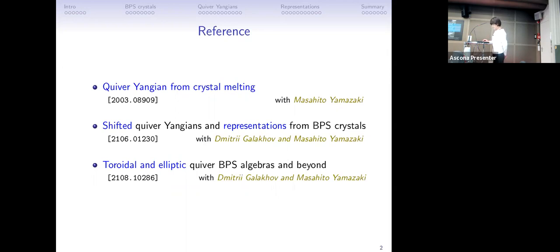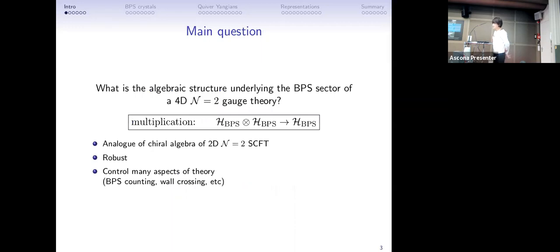So the main question we want to ask is: is there any algebraic structure underlying the BPS sector of a 4D N=2 gauge theory? The elements of these algebras are BPS states, and the multiplication is the fusion of 2 BPS states into a third one.